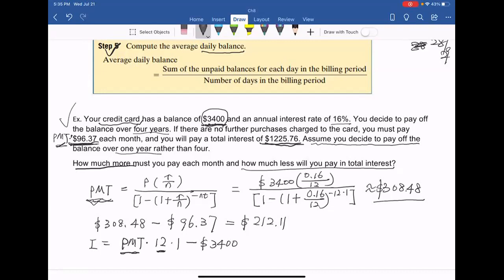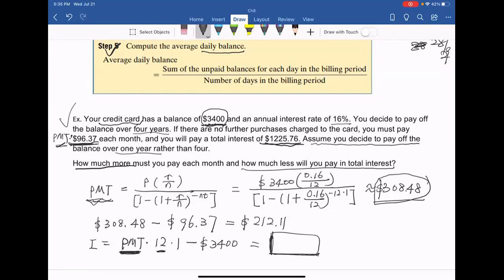Actually, when you plug in the PMT here, maybe you got the answer here. You got an answer, and then you plug it in your MyLab Math. They said this is not the accurate answer. I tried this, so I don't know why it happened.